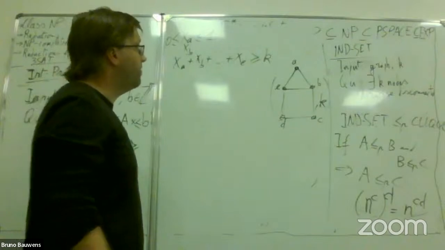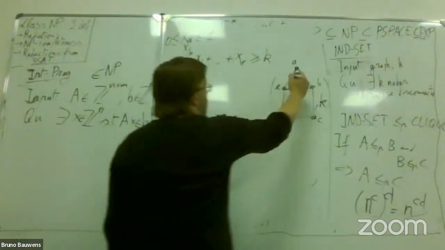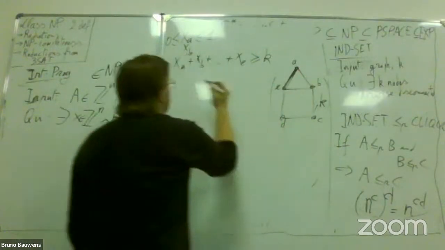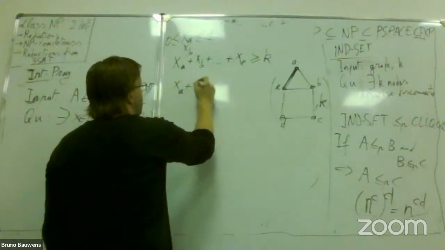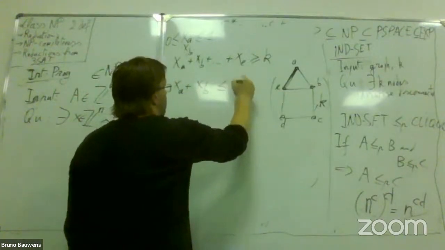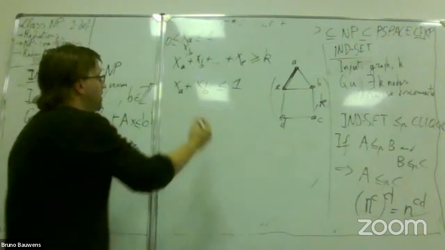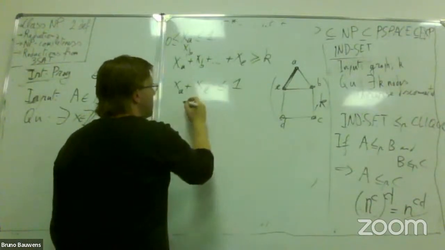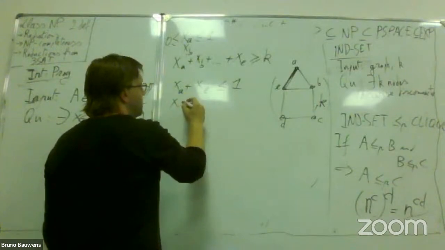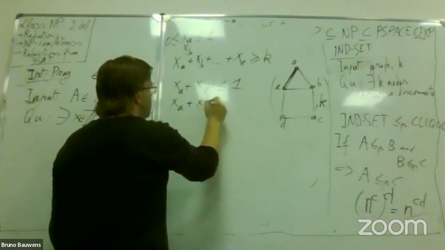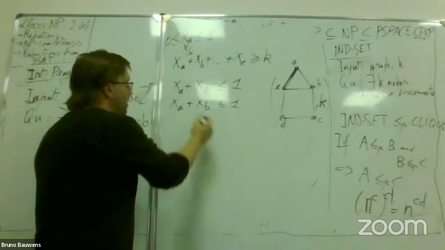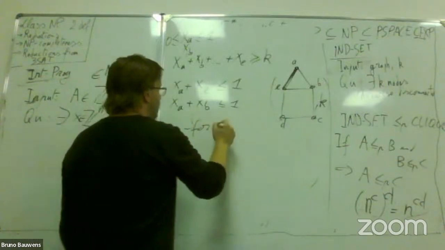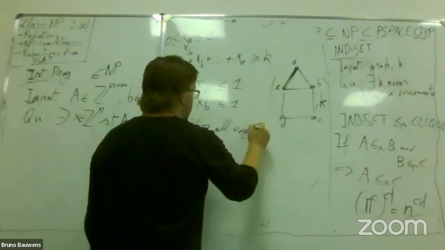So for every edge, for example, let's look at this edge here, I will say that XA plus XB is smaller than or equal to 1. And then I do the same, XA plus XE, and so on for all the edges.